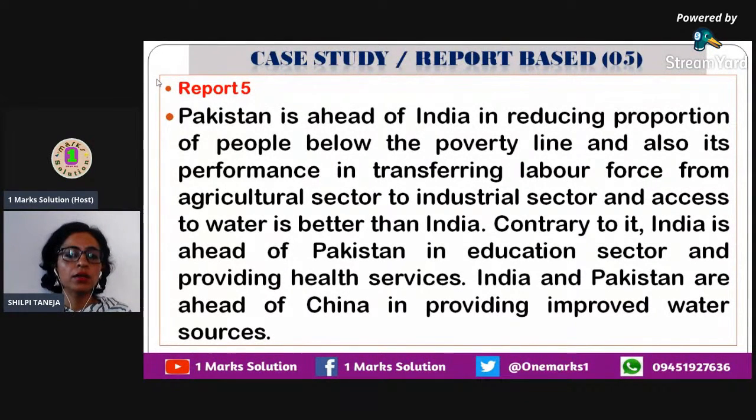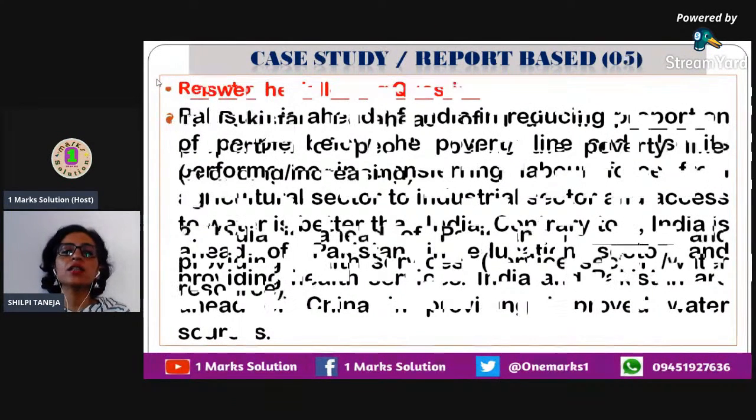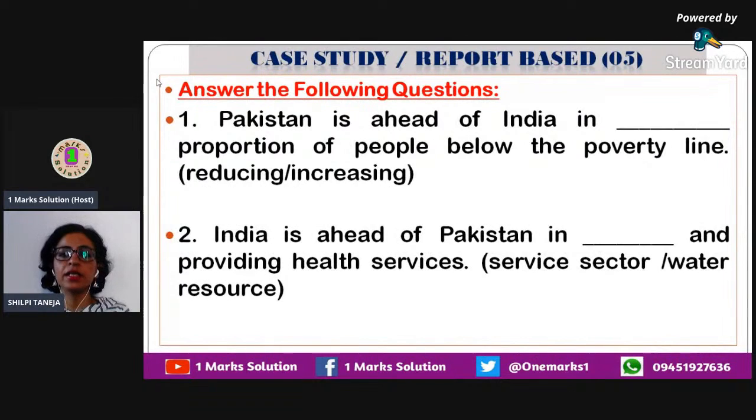There we discussed the population control rate, population growth rate, and where India is ahead of China, where Pakistan is ahead of China. So all these details are the same. Let's see the question: Pakistan is ahead of China in reducing the proportion of people below the poverty line. So this can also be easily remembered.